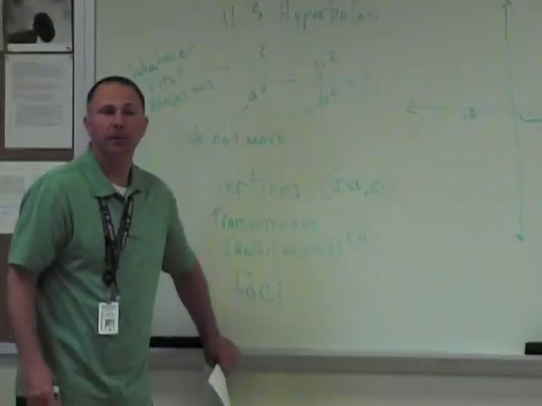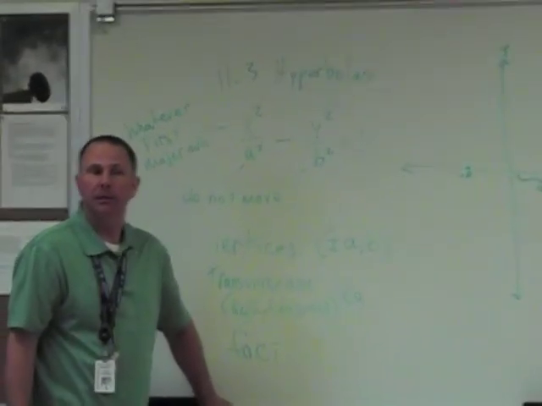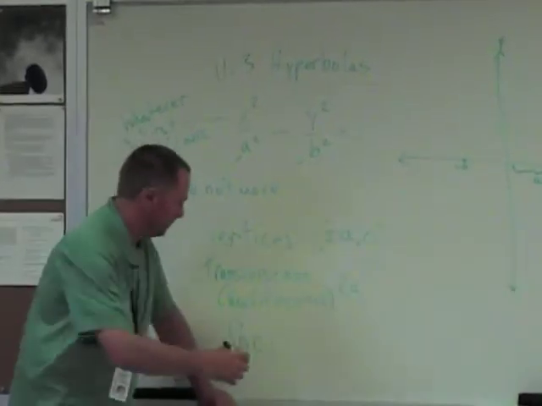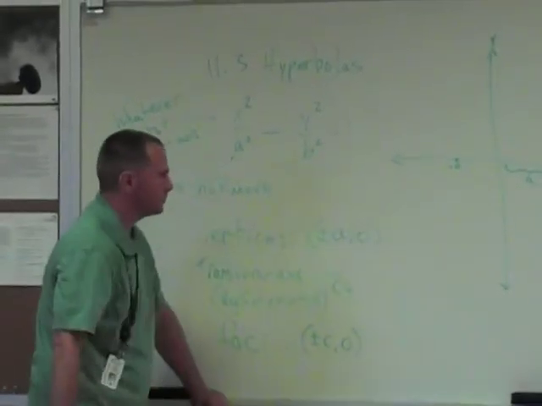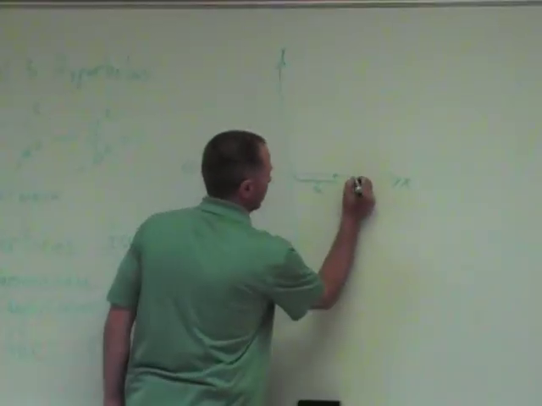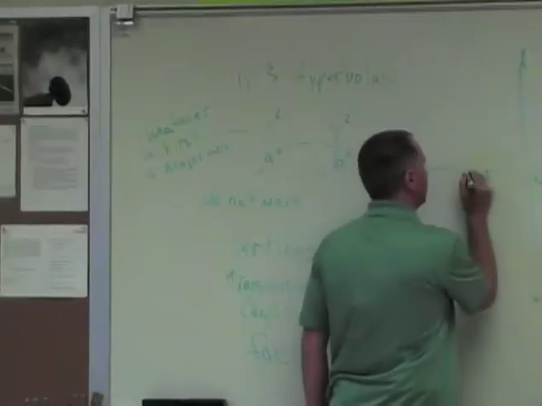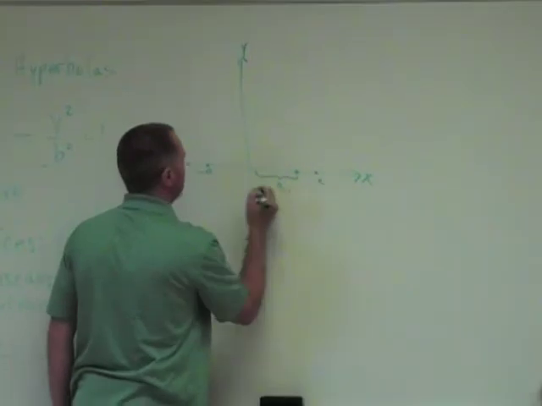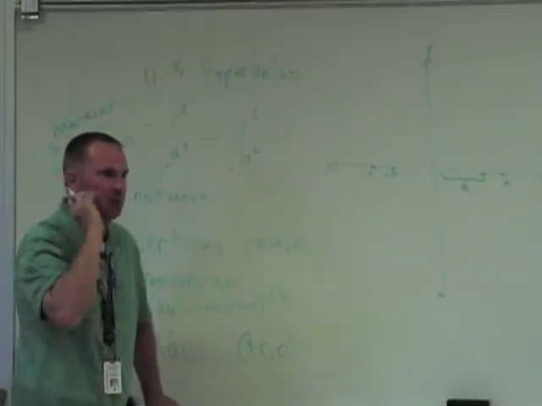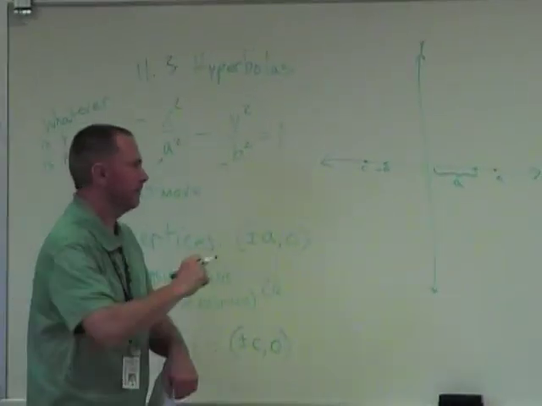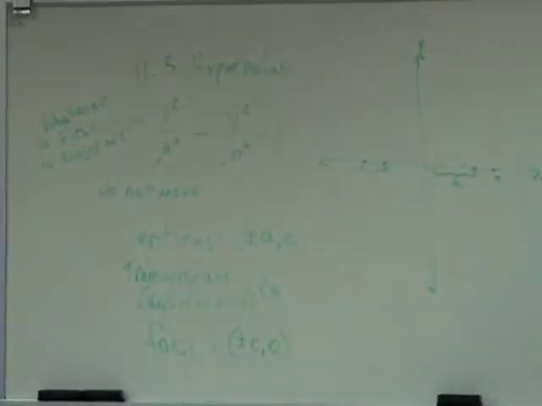Oh, not the last thing, I'm sorry. What do you know about foci? What do you remember? It's on the major axis and it's c. So in this case, it's going to be plus or minus c, 0. Here, your focal points are beyond your vertices. So that's c and that's negative c. And we're going to talk about asymptotes here in a minute.